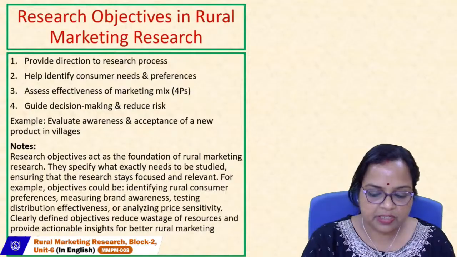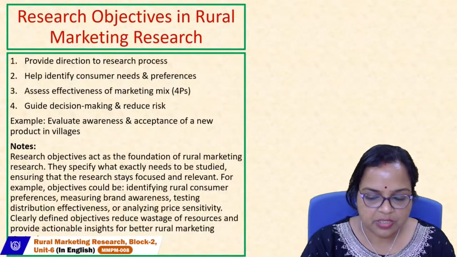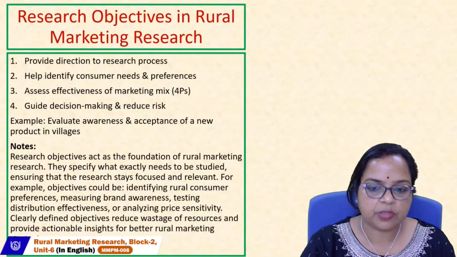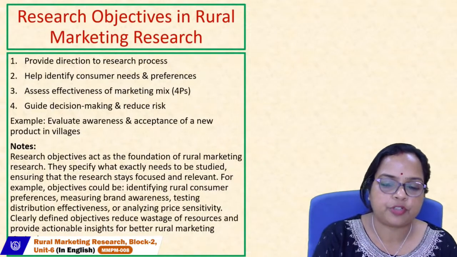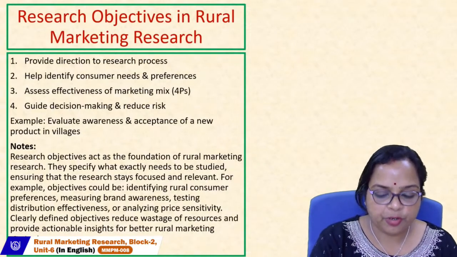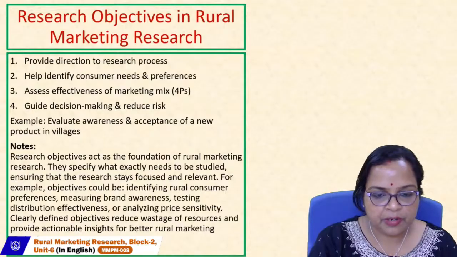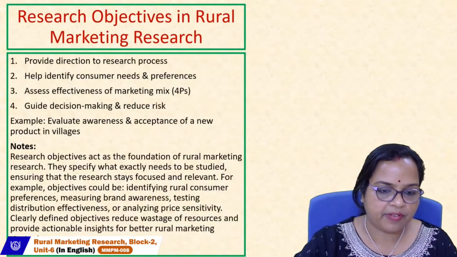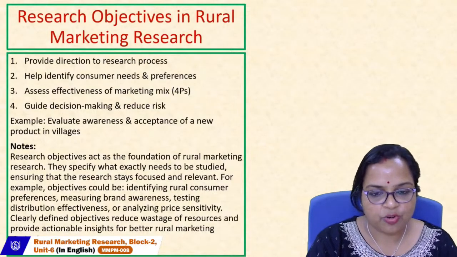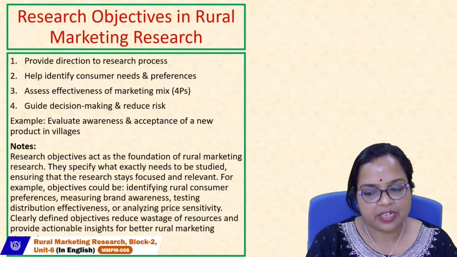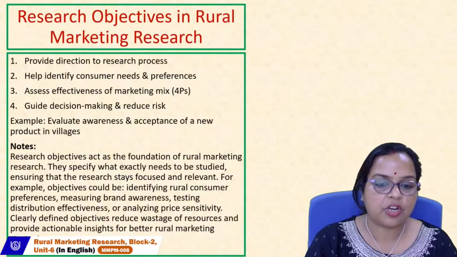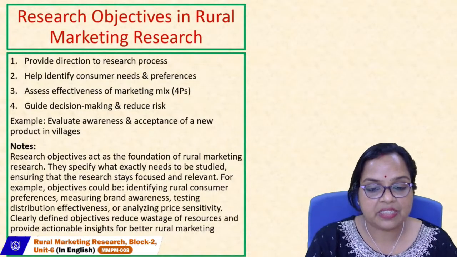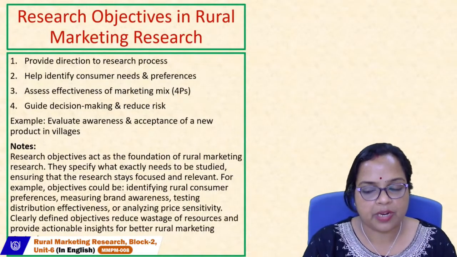So research objectives will address the exact thing you are going to study for the problem you have identified in the first step. It may be, for your product, why people are not buying it. You may write down objectives for low brand awareness, or the product is not able to reach their households due to poor infrastructure, or they are price sensitive towards your product.